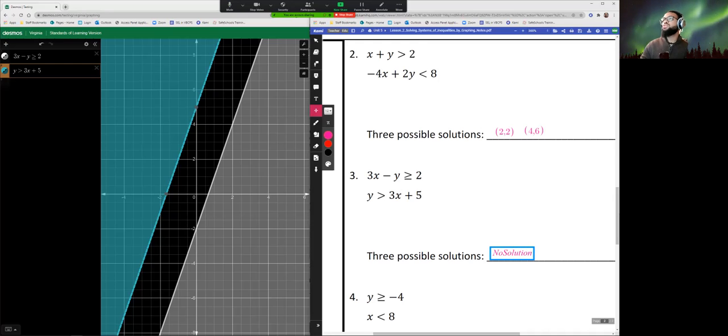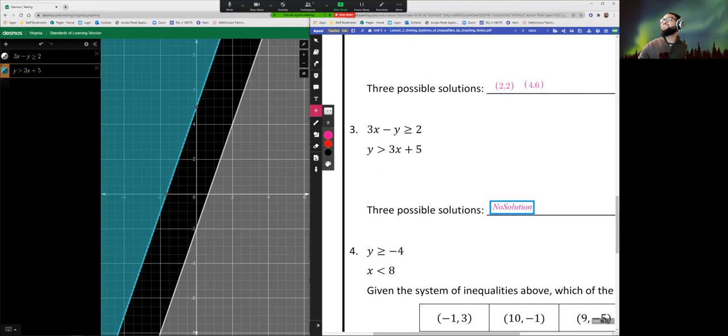All right, no solution. We can't ever have a solution to a system of inequalities or equations where our lines are parallel. These things do not overlap. That's going to be no solution because these things are parallel and shaded away from each other.